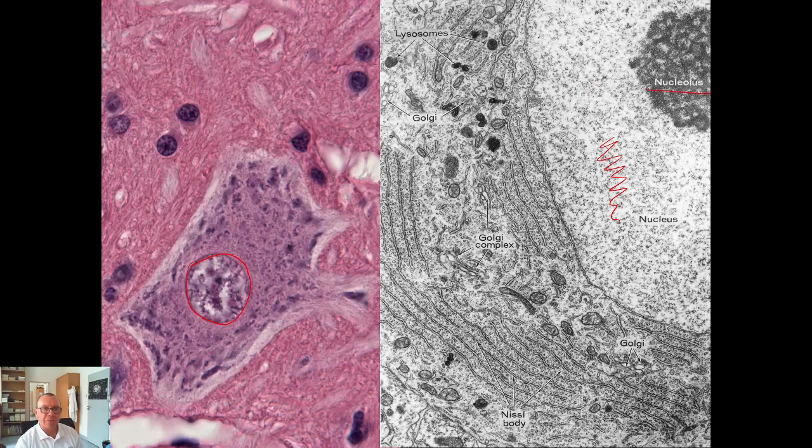Cytoplasm in the light microscope is rich in Nissl bodies, basophilic grains, where we know that there are many ribosomes and rough endoplasmic reticulum, and really in the electron microscope we can see huge accumulations of these organelles together with the Golgi complex.